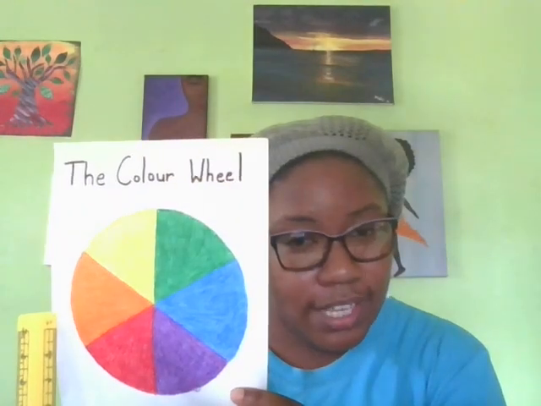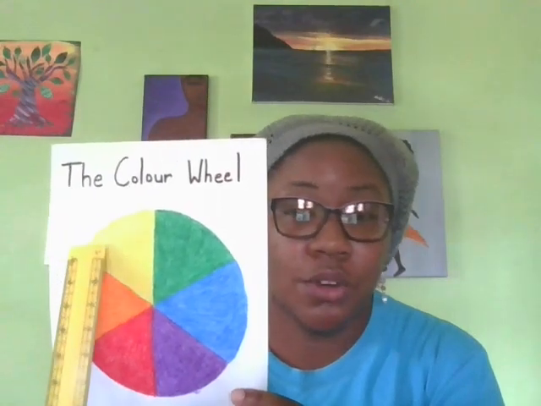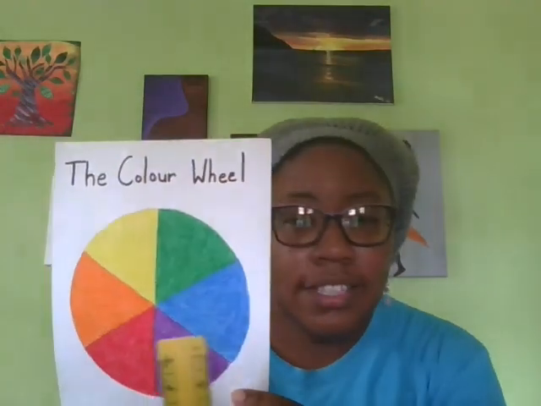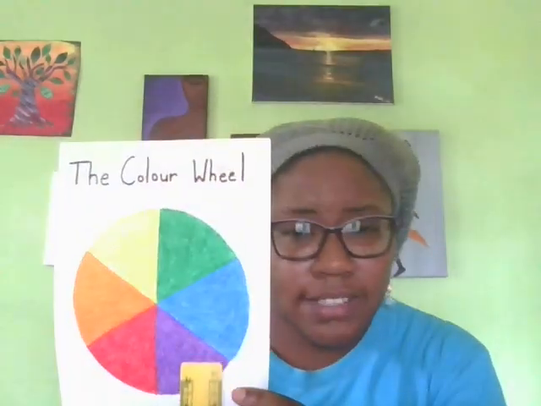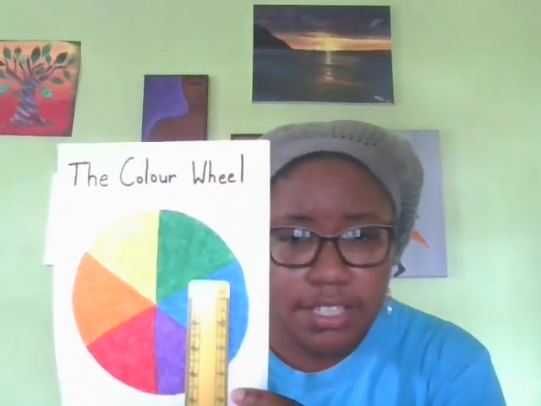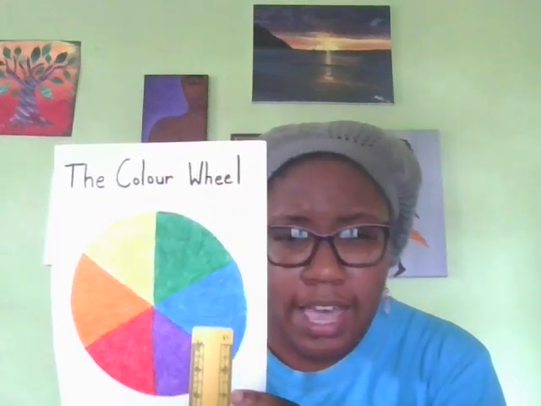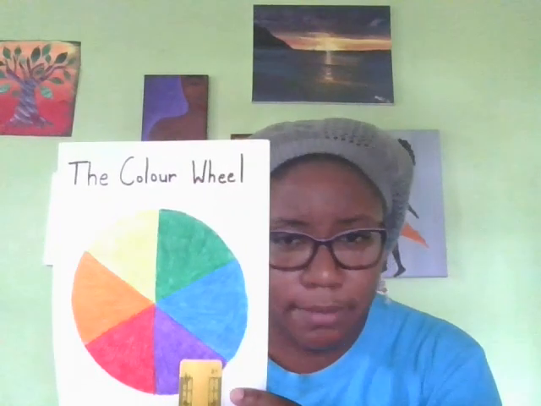These colors are called the warm colors. What are they called, students? They are called the warm colors. So they're warm. On this side, when I look at these colors, green, blue, and purple, I think of trees. I think of water. I think of nighttime.